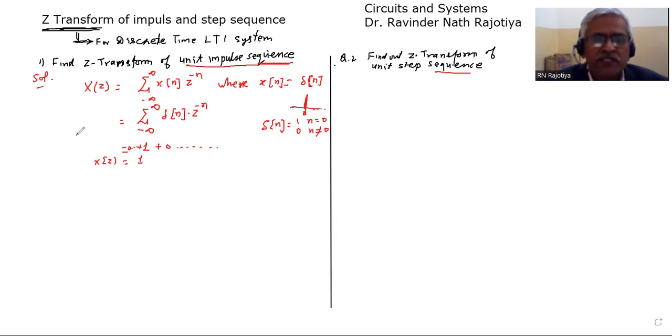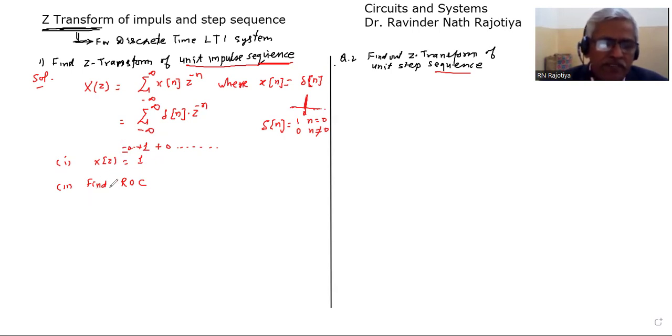The second part is finding the ROC of it. In the case of an impulse sequence, the ROC is very well known. The ROC is 1 everywhere, which means the ROC exists everywhere in the Z plane.